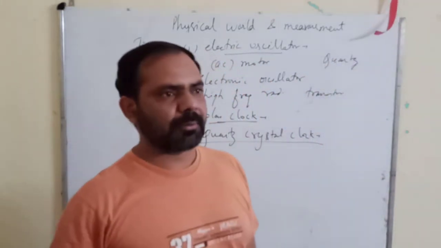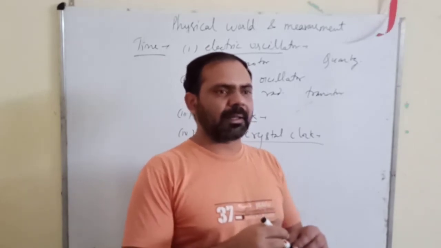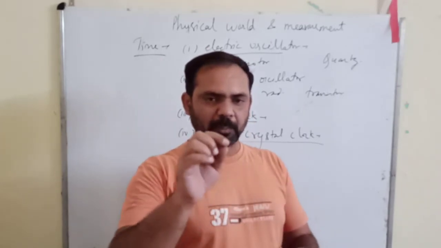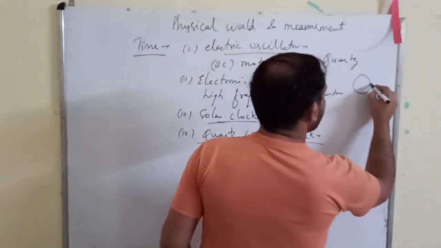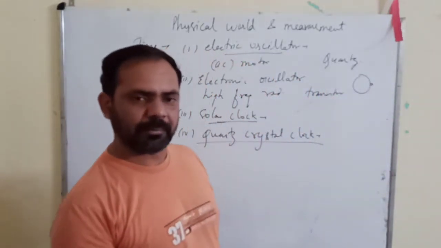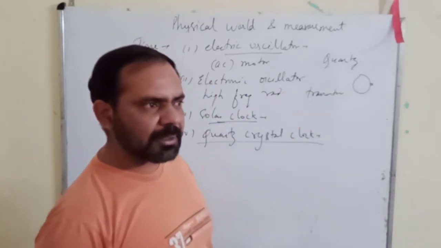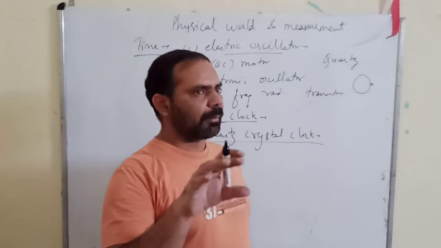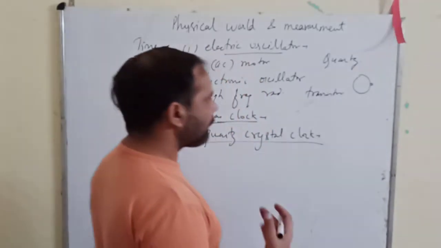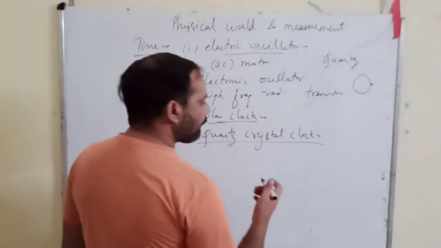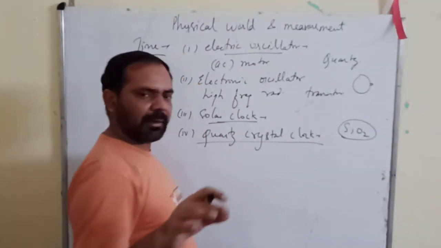Especially in those watches in which we have a key for the dial. There is a small key on the side of the dial. This is the dial and there is a key here at the side. Those watches are generally quartz watches, and quartz is actually a kind of mineral. We get it from the Earth's crust. It is actually SiO2, silicon dioxide, in one form.